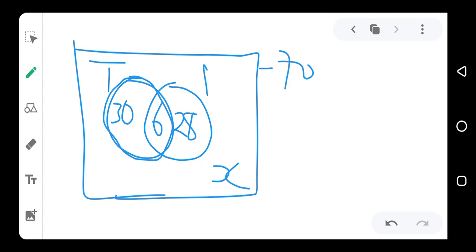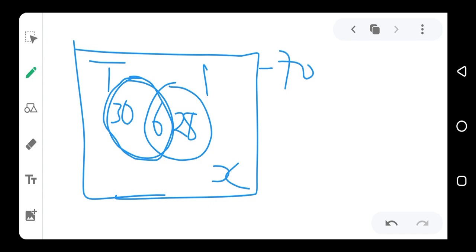Now, just like I said in the last lesson, to solve for X, we equate everything inside the universal set to the number of elements in the universal set, which is 70.